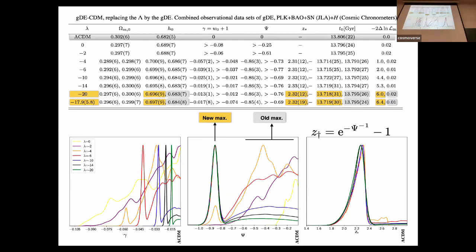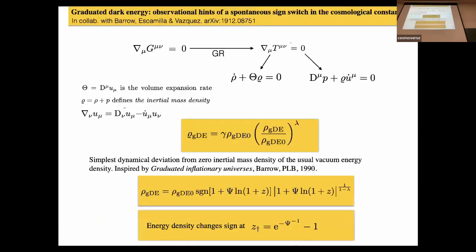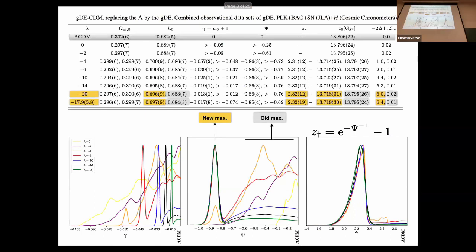The interesting thing is that if this lambda power is small, very close to 0, you don't get anything interesting; you just get something very close to lambda CDM. When we constrain gamma and psi, this part, going in this direction, is lambda CDM.